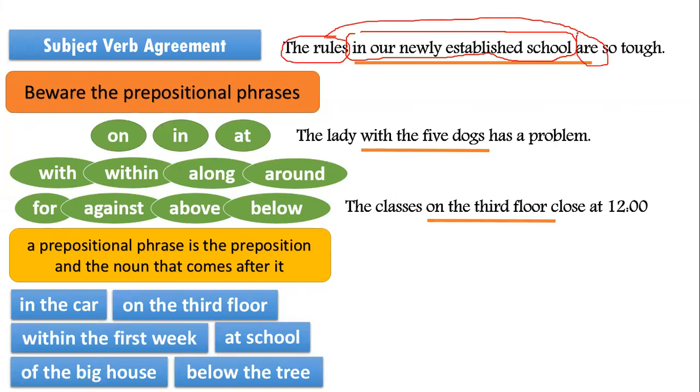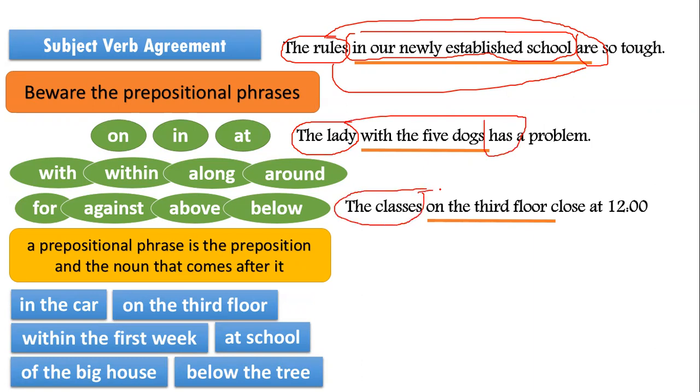So the prepositional phrase usually comes between the subject and the verb to confuse you. So do not get confused. The subject is here, the verb is here. So be careful not to be fooled by the word dogs, by the word school, by the word floor. What comes in between should not count as the subject of the sentence.